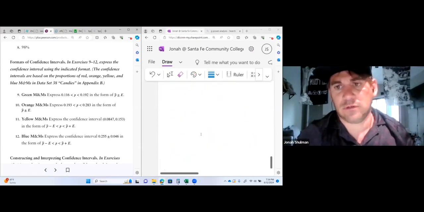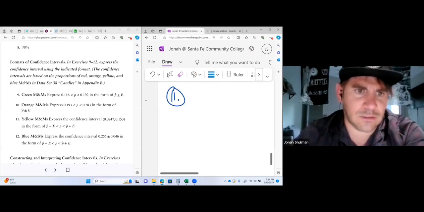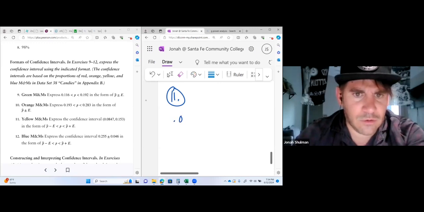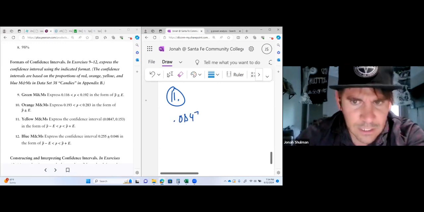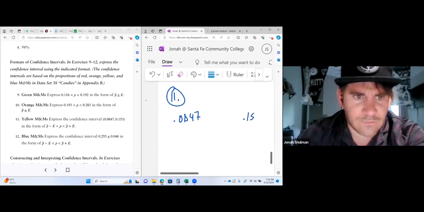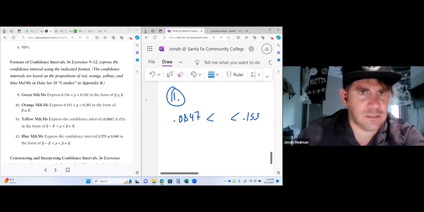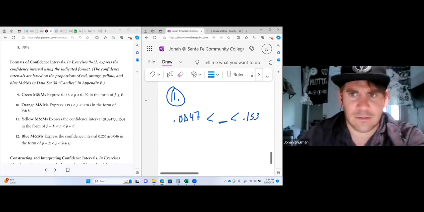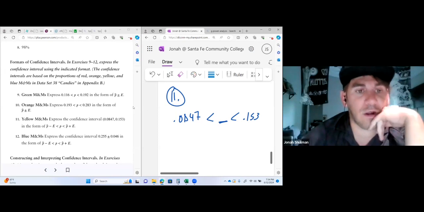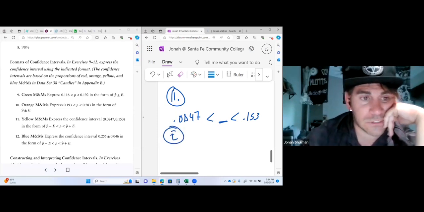But for number 11, we have these two values, right? We know that the low one is 0.0847, and the high one is 0.153. So this is basically the two values with the differences. How can we figure out what they are? What's the error? The error is going to be the same for both, which is really nice.